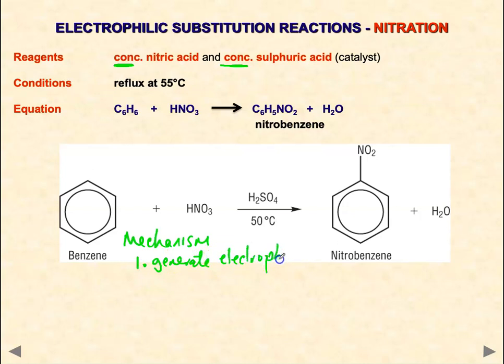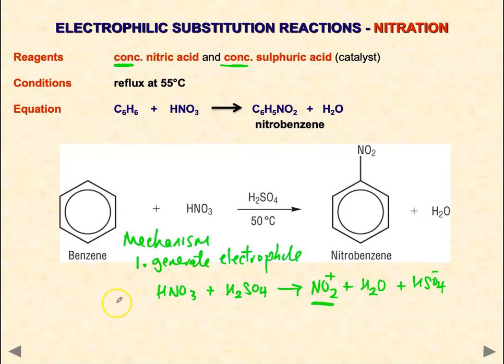In this reaction, the electrophile is generated from nitric acid reacting with concentrated sulfuric acid, which is your catalyst, that produces NO2+ plus water plus HSO4-. So I've done this in one step. There's my electrophile. The next step will be the benzene.